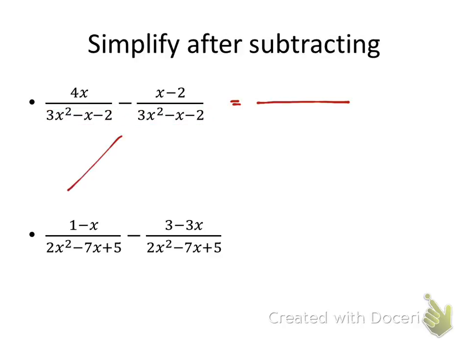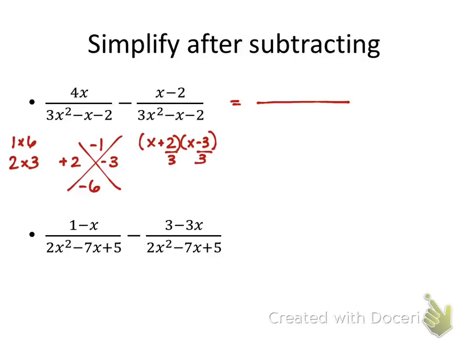So we're going to do our x, -1 goes at the top, -6 on the bottom. 1 times 6, 2 times 3, which ones subtract to give me 1? 2 and 3. 2 is going to be positive, 3 is going to be negative. So we have x plus 2, x minus 3. Is that our final answer? Nope. Now we divide the bottoms up.